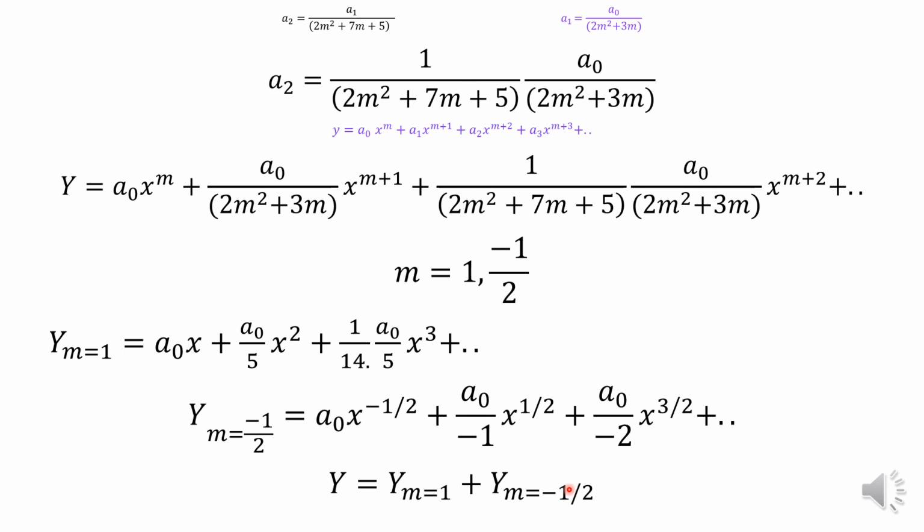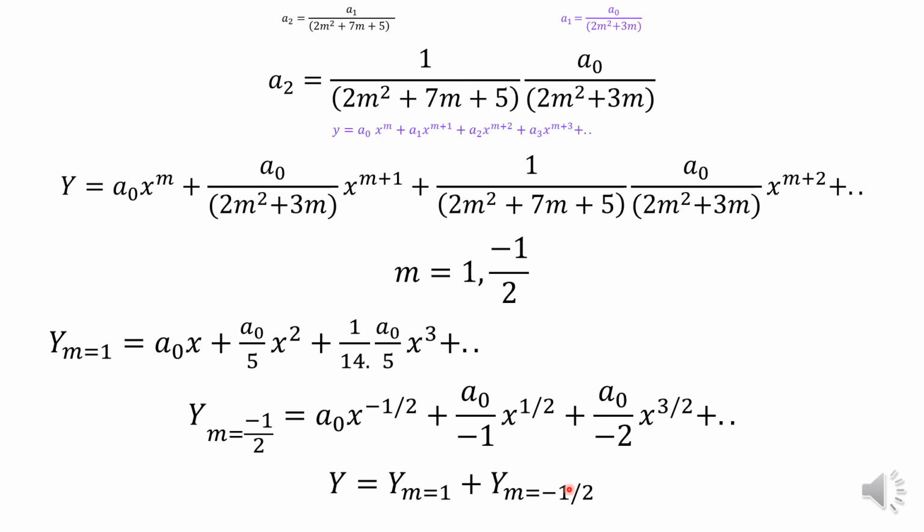Put these values, then compare the minimum power, that x to the power m, because x to the power m is the minimum power. So we have compared the values. Then first of all x to the power m, then x to the power m plus 1, then x to the power m plus 2, and so on. So with the help of this, we will try to find the value of a1, a2.